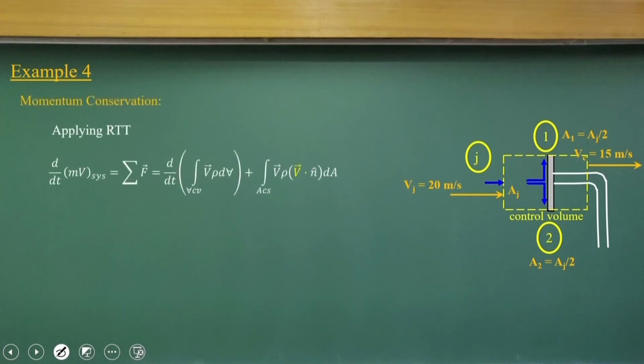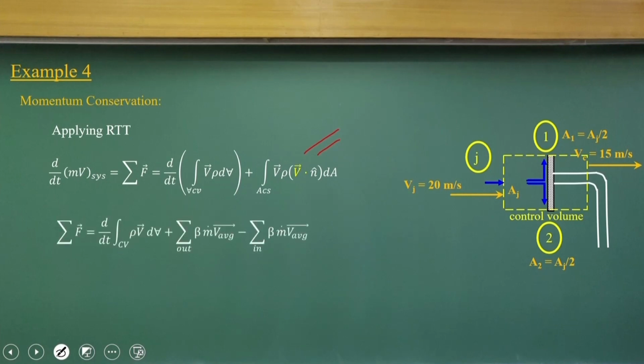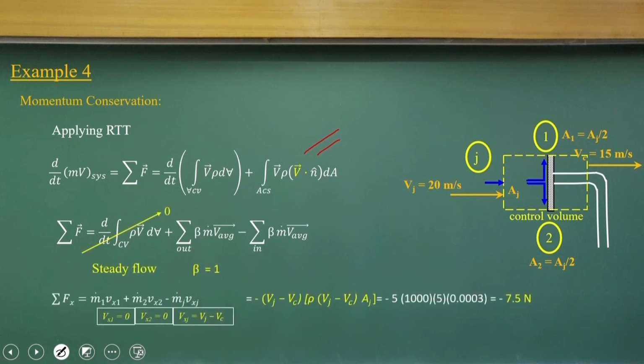Now I am applying the momentum conservation equation. Remember, I need to apply the relative velocity component here, with beta equal to 1.